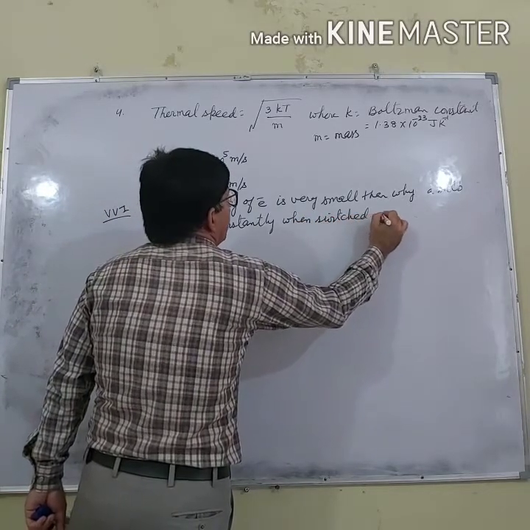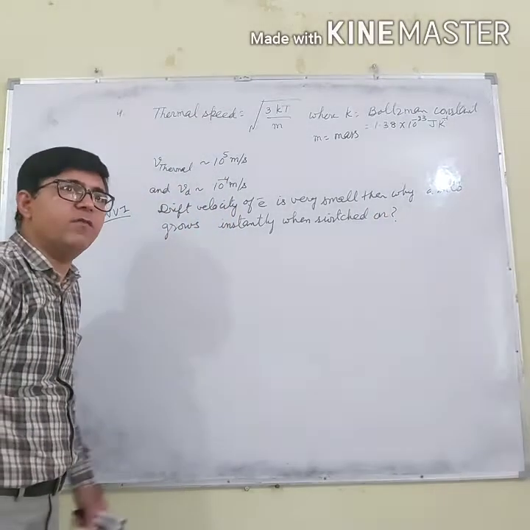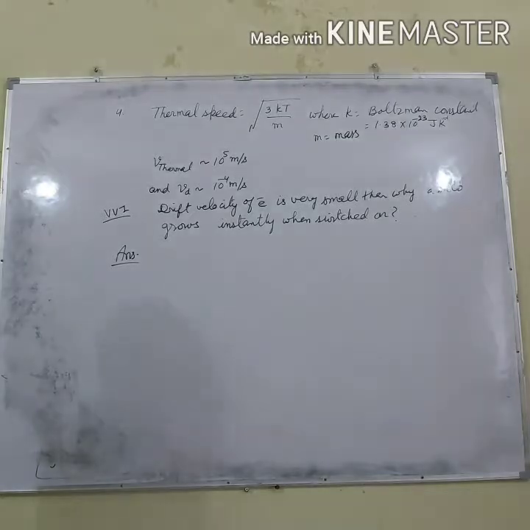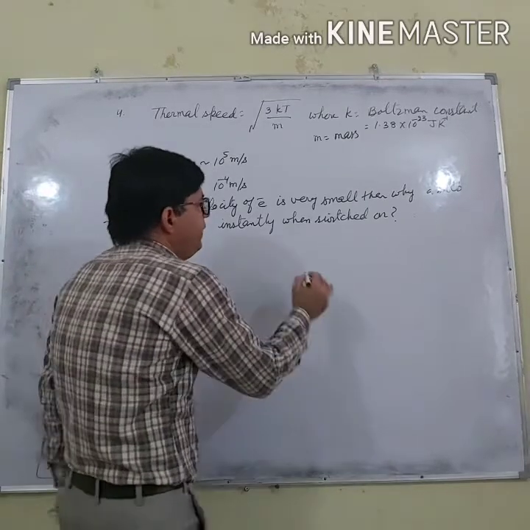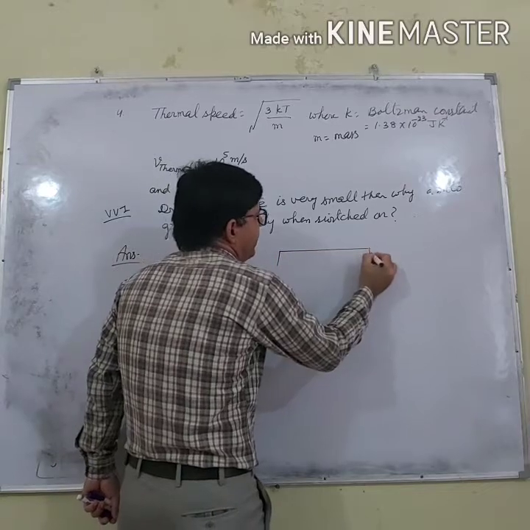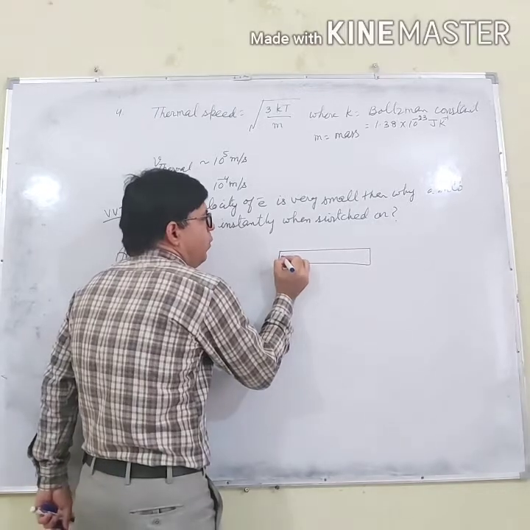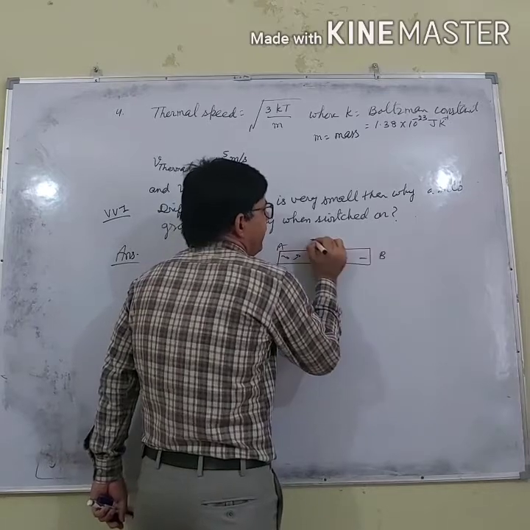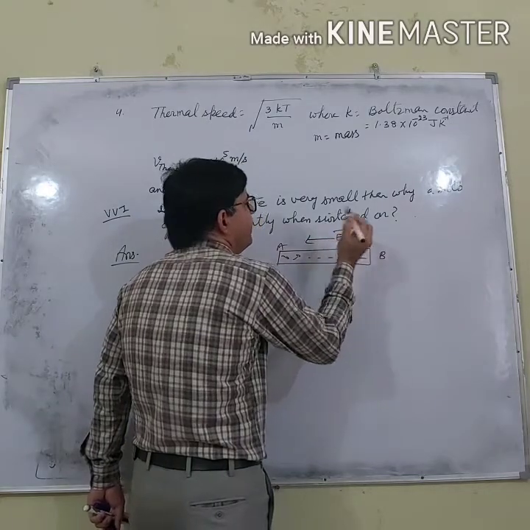When we switch on, what happens? The bulb glows, but the drift velocity is very, very small. What is the answer to this question? Let us say this is the conductor and electrons are moving from this end to the other end in the presence of electric field in this direction.